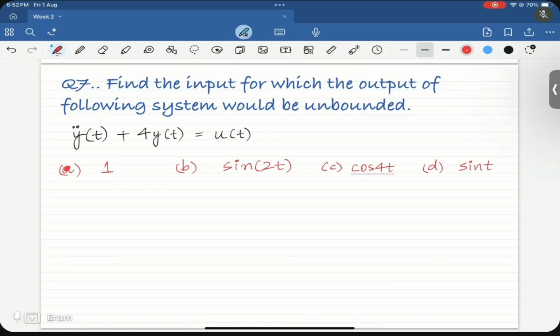No, you have to find out the input for which the response of this system will be unbounded. You have to identify that particular input. Ma'am, sine 2t. Okay, we will check if this is the right answer or not.